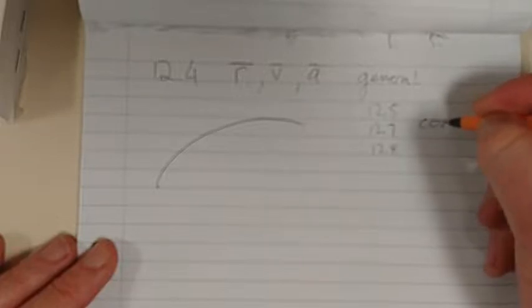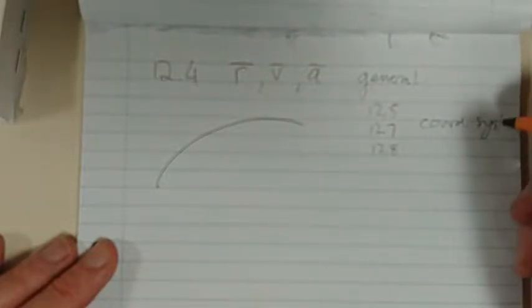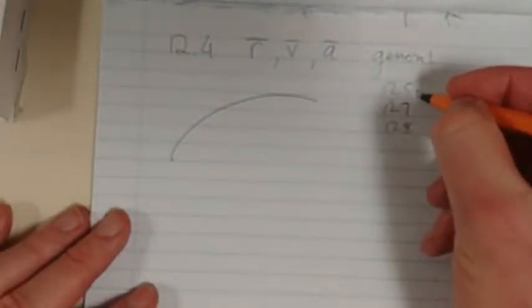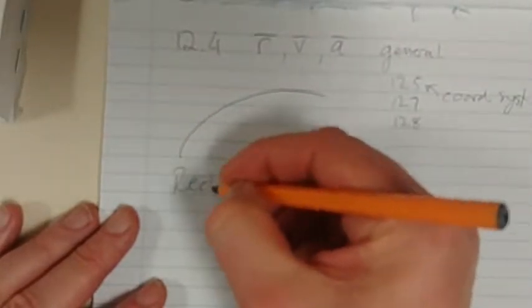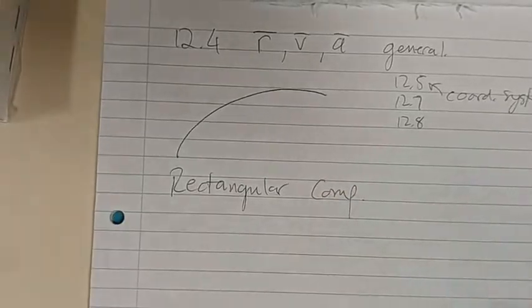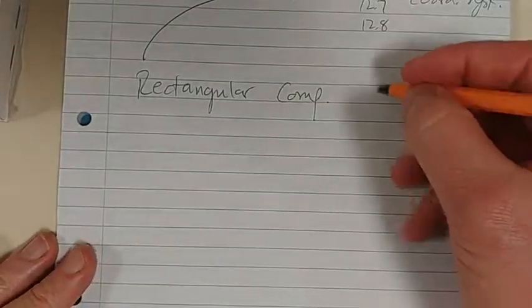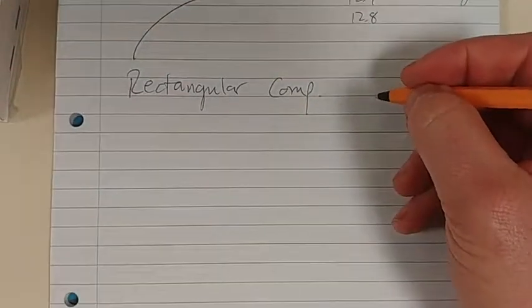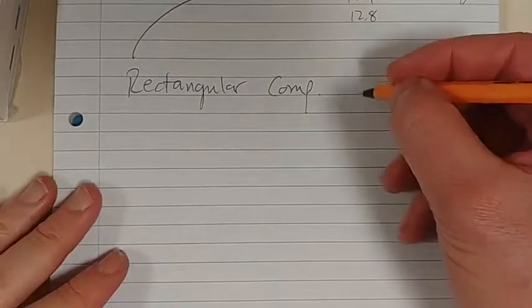The first coordinate system we're going to look at in 12.5 is rectangular components. Rectangular components.